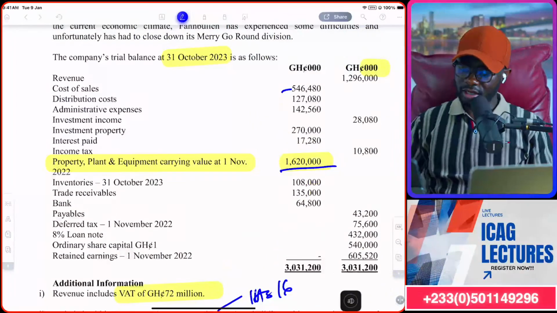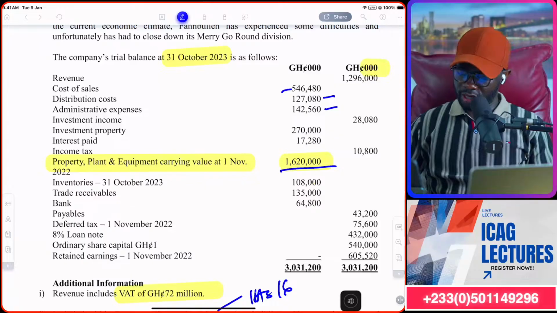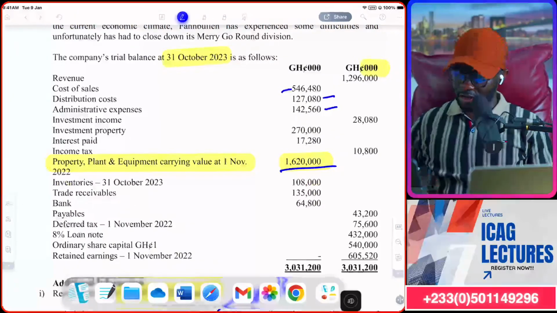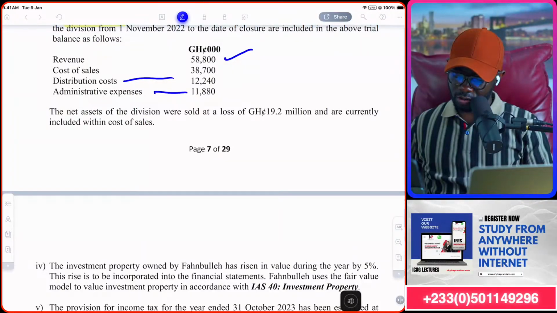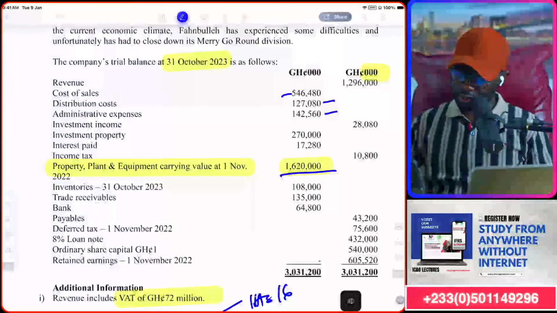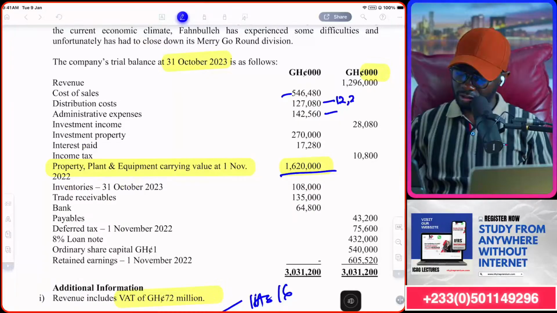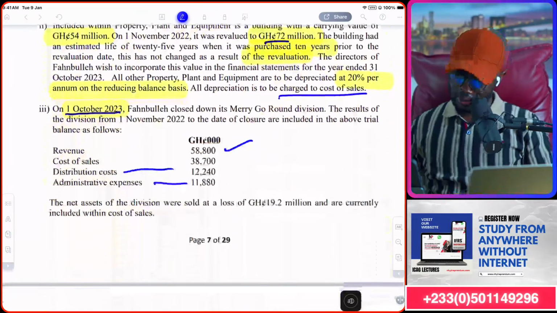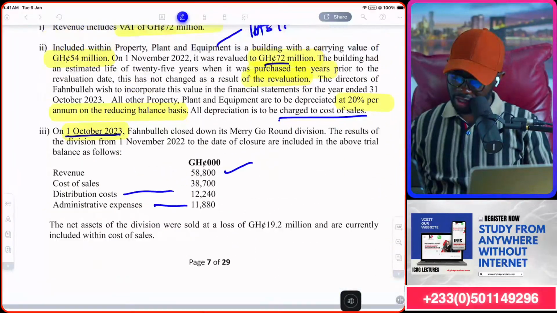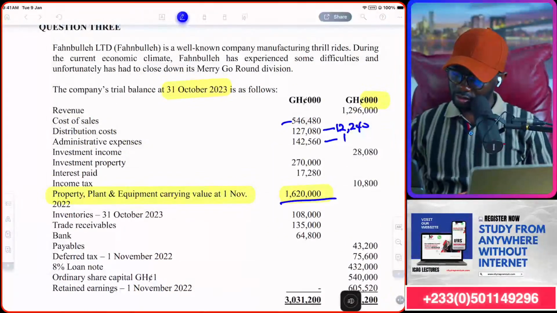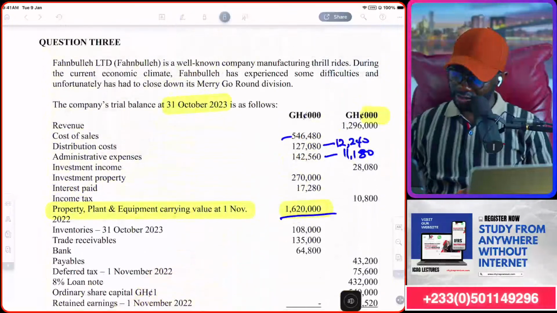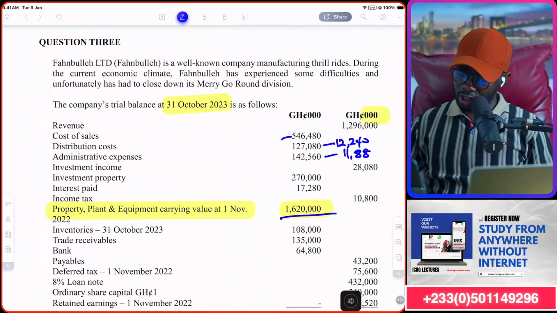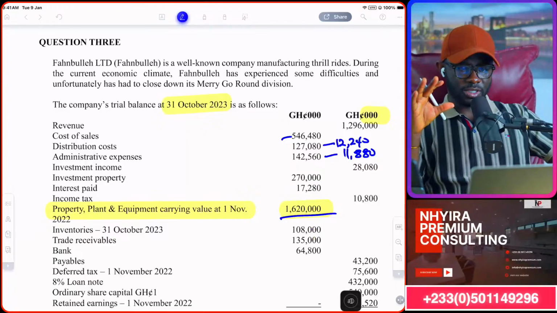So this distribution cost, and then the admin expense, if there is no additional information, then I would want to do it on the face of the financial statement. 12,240 for the distribution. And then admin is 11,880.